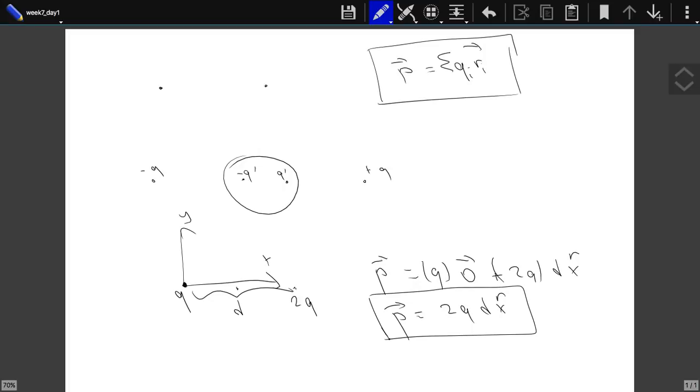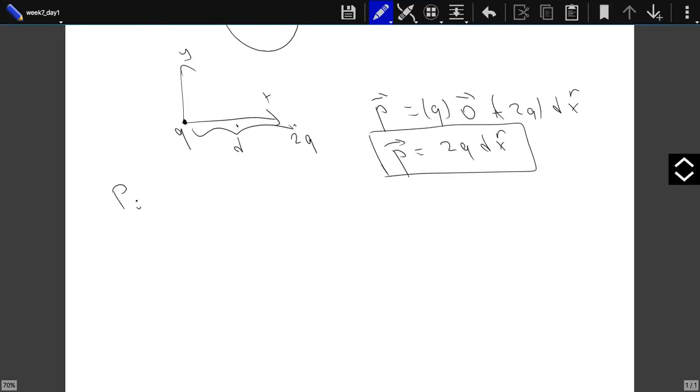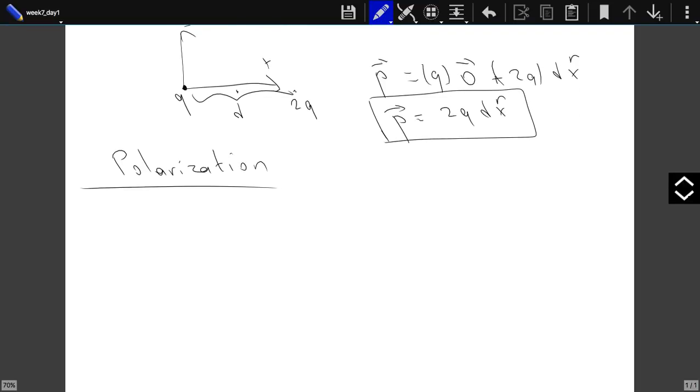So let's continue with this dipole moment. Now, most of you are more familiar with the dipole moment of neutral systems, the positive charge and the negative charge. Well, where do we get these dipole moments in real life?